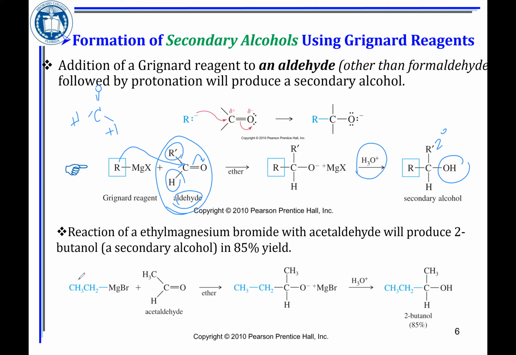Now, if you have 2 carbon from the Grignard, it depends on how many carbons you had from the aldehyde. It's not limited to 2. It could be as many carbon that you choose. And then you are going to see that on the product, you will see 4 carbon.